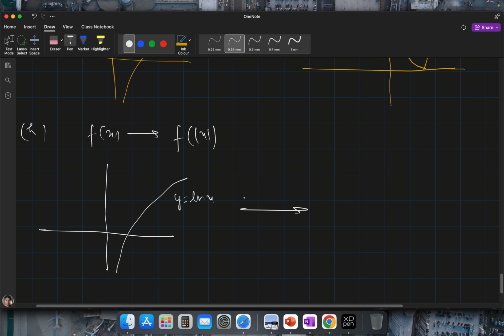Now I want to change it to ln of mod x, then what will happen? Tell me, what will happen? Graph will remain same.